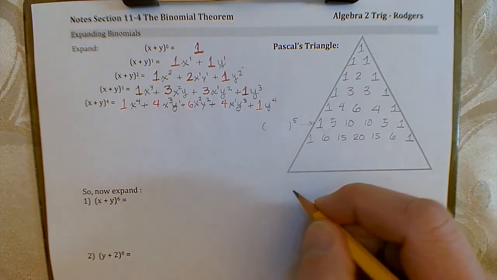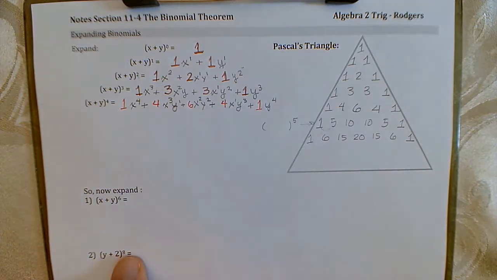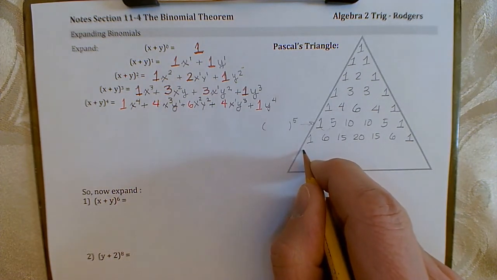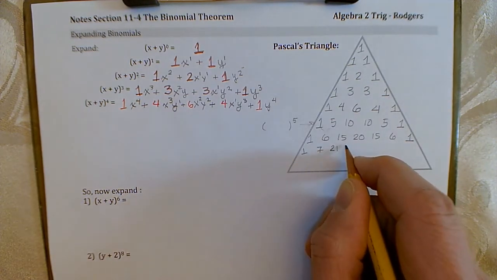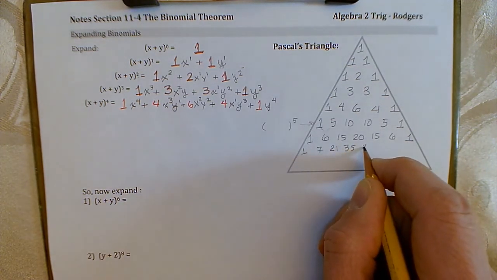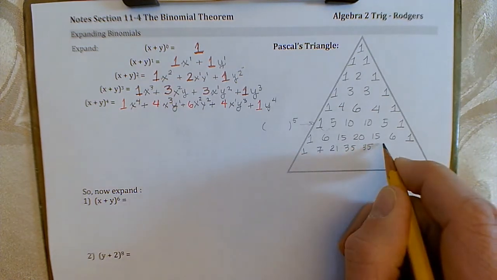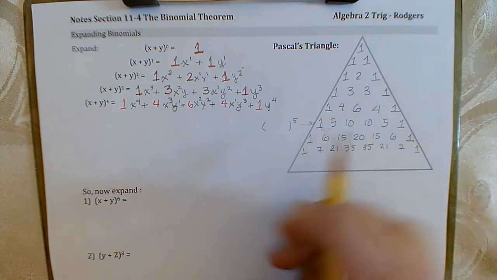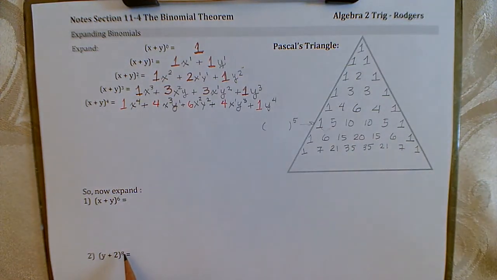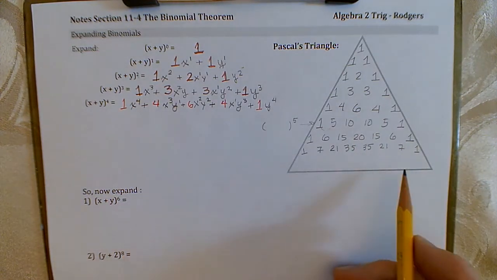All right, and then let's go down because we're going to need row 8. So let's go down to row 8. So this will be 1, 7, 21, 35. Again, careful with your spacing: 35, 21, 7, and 1. Now I know because there's an 8 down here in example 2 that I'm going to want my 8th row.